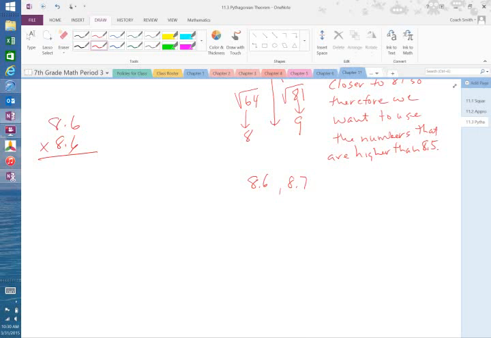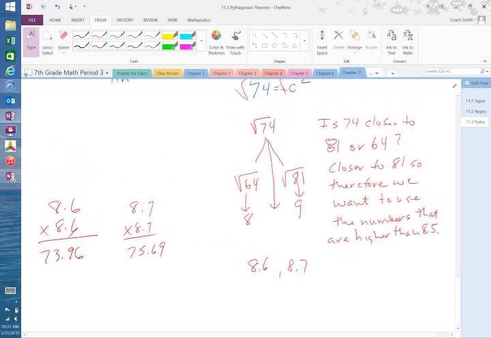Owen? 73.96? Okay. What's 8.7 times 8.7? Somebody on Emma's row. Noah? 75.69. Okay. So, obviously, the 74 then is closest to the 73.96 because it's only 4/100ths away. So therefore our answer then is 8.6.